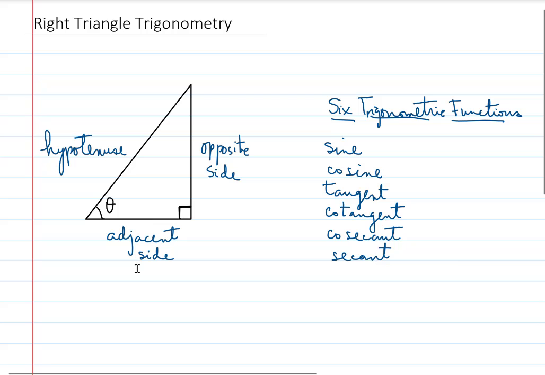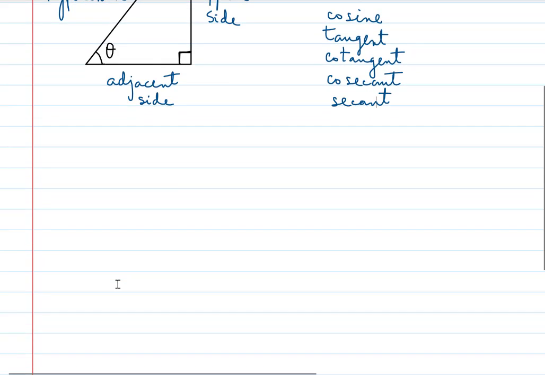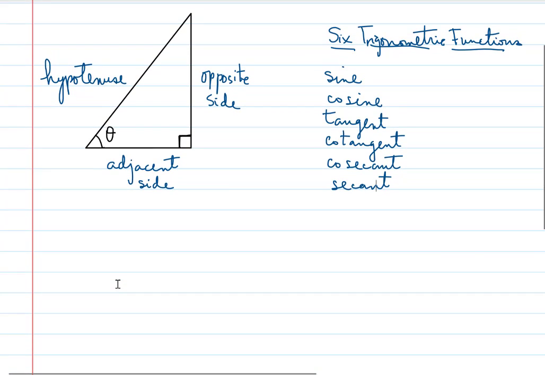So there are the names of the 6 trigonometric functions. We're going to use abbreviations so that we don't have to write the whole word. The 6 trigonometric functions of our angle theta are defined as follows. Sine of theta is equal to opposite over hypotenuse.